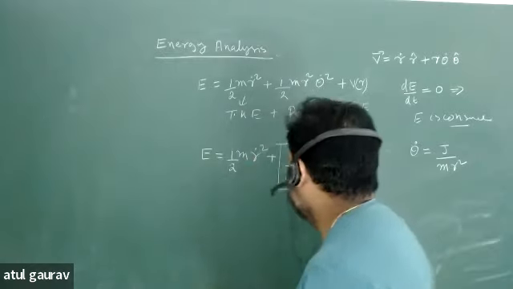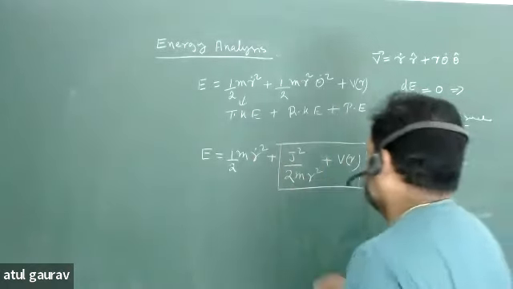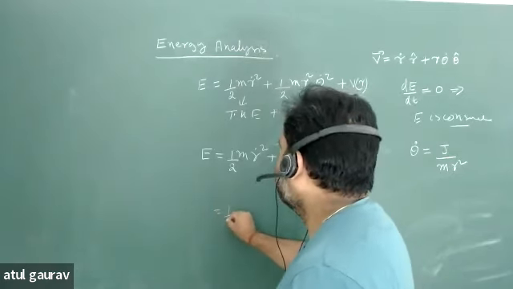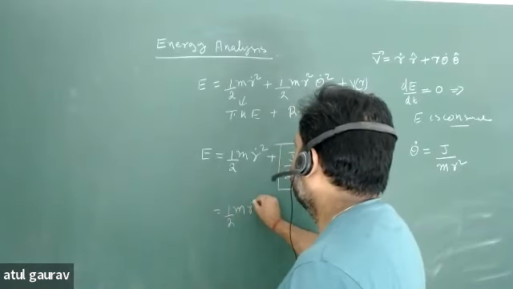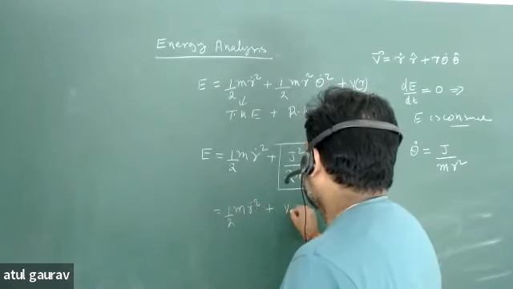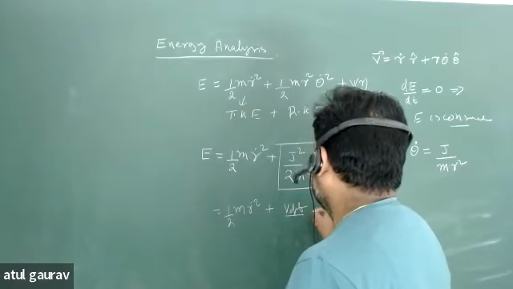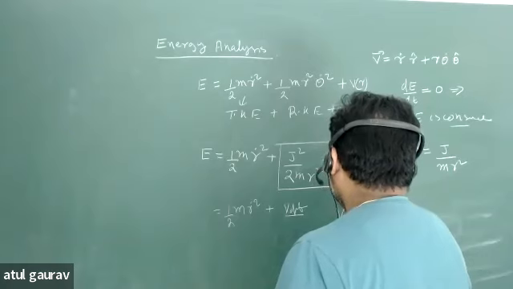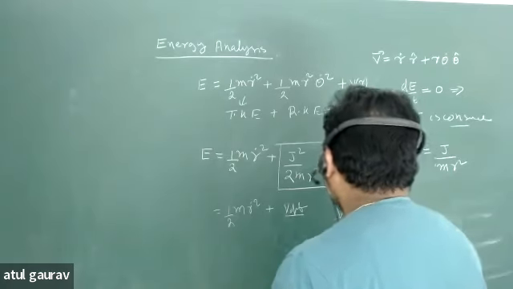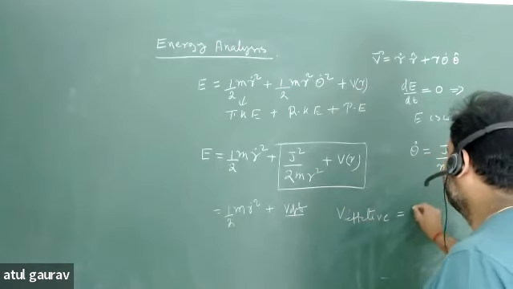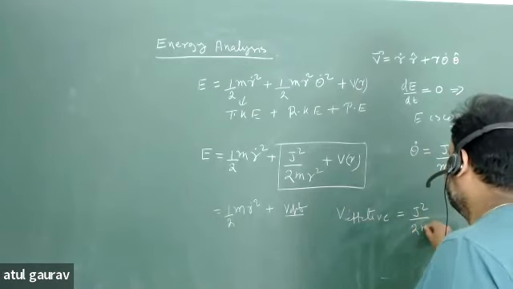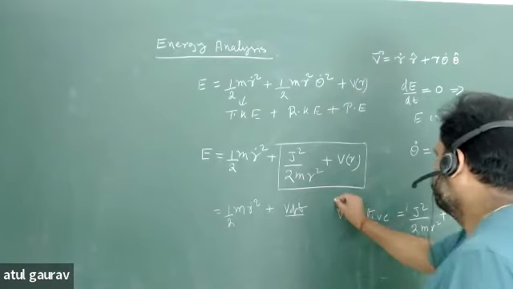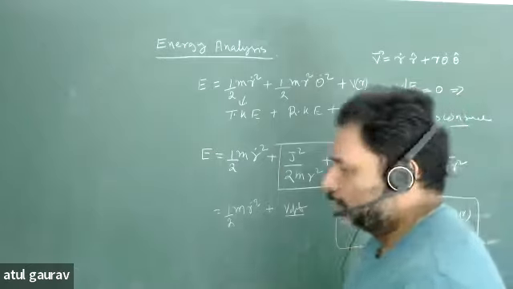But here we can write E equals translation kinetic energy plus V effective. And this V effective is J square upon 2mr square plus V(r). This is your effective potential energy.